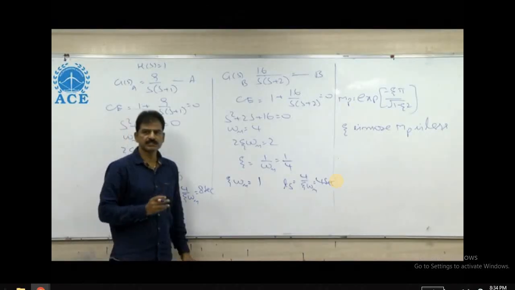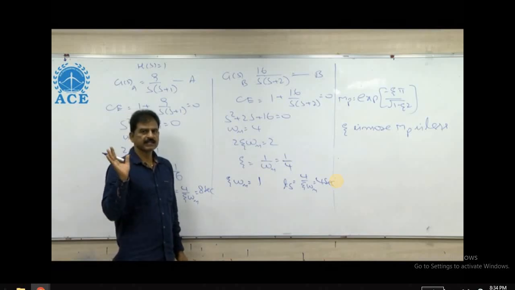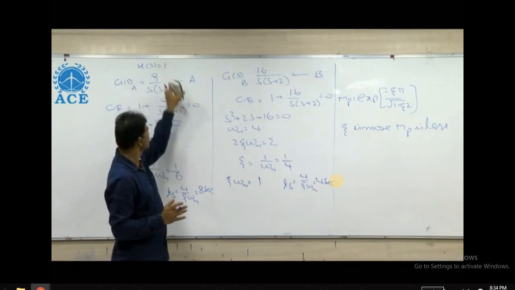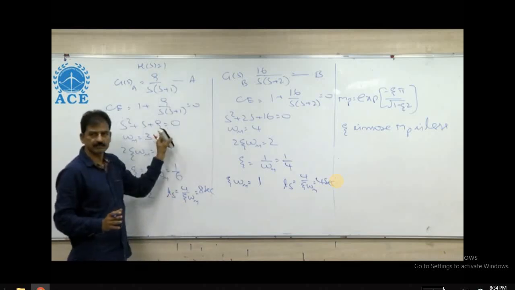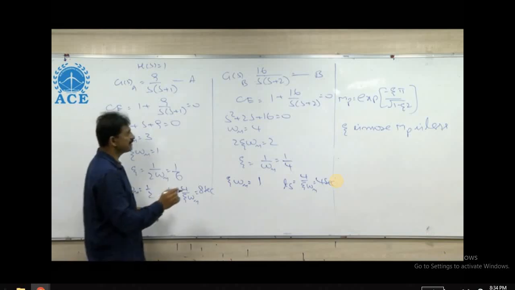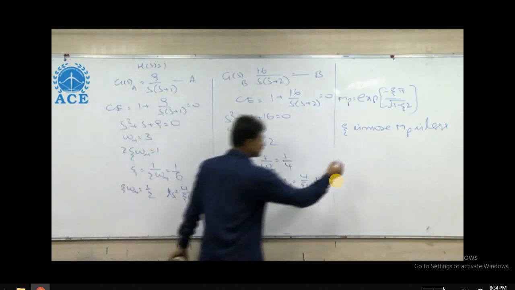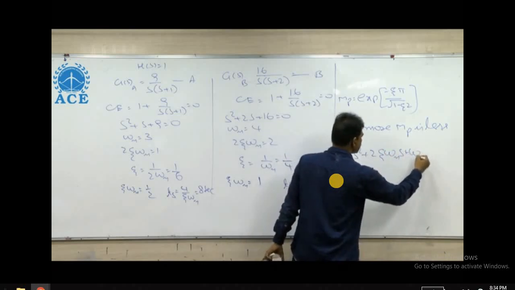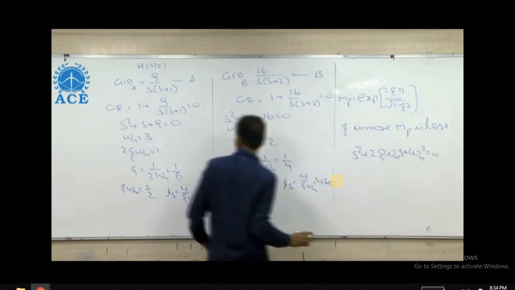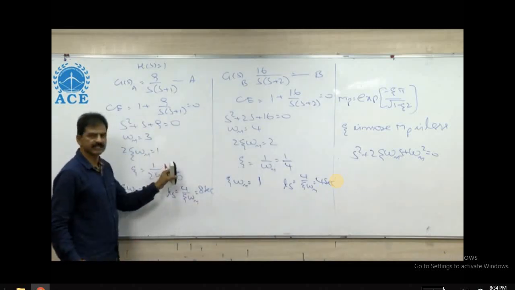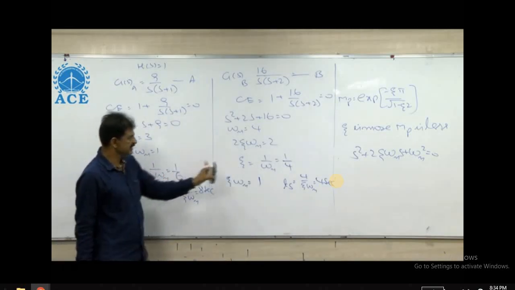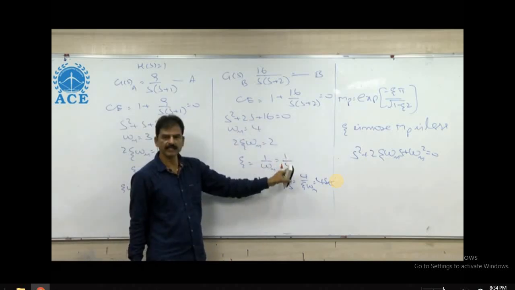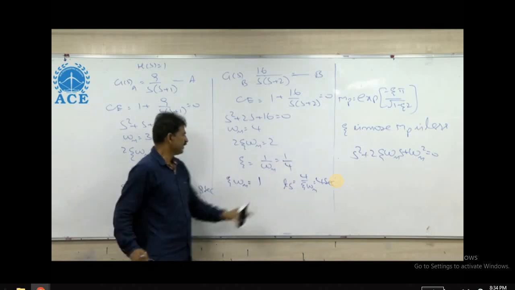The forward path transfer functions of two systems are given, system A and system B, both with unity feedback. System A's characteristic equation is s square plus s plus 9. Comparing with the standard second order characteristic equation s square plus 2 zeta omega n s plus omega n square equal to 0, we get zeta for the first system as 1/6. Similarly for the second system, comparing, we get zeta as 1/4.